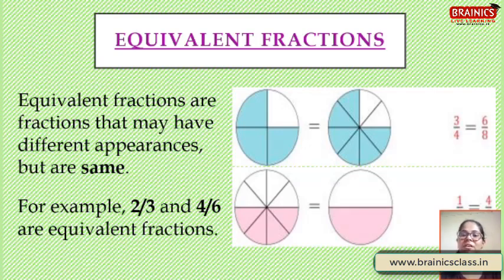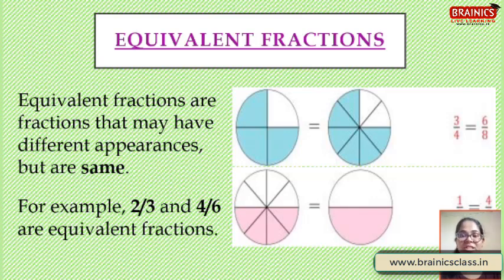Now we will see first example. There are two circles, which are shaded in blue color. The first circle is divided into 4 equal parts and 3 parts are shaded. So the fraction will come out as 3 upon 4. And in second circle, same portion is shaded, but the circle is divided into 8 parts and out of them 6 parts are shaded.